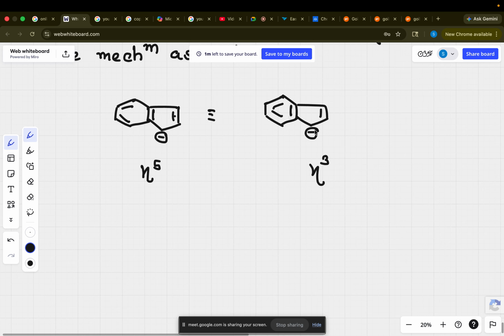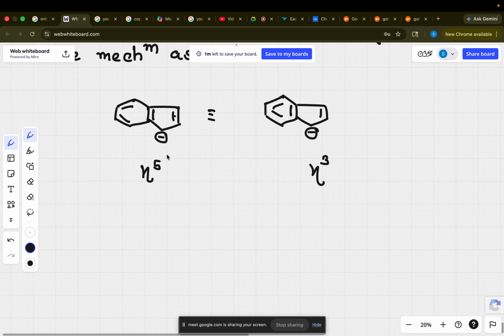Why eta 3? Because this negative charge will donate, and here you have only one double bond, so that will donate, not this, because this double bond is now part of your benzene ring, the 6-membered ring, not your 5-membered ring. Now tell me, which one is more stable, this structure or this structure? Same compound, but eta 5 and eta 3.